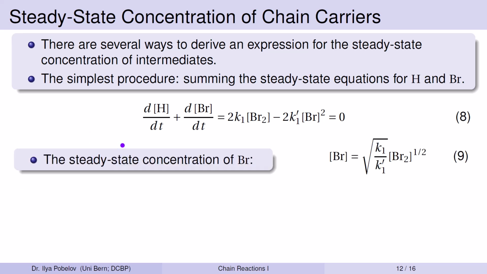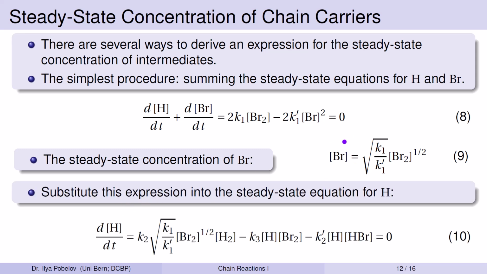From this, we solve for the steady-state concentration of bromine radicals, which is equal to the square root of K1 divided by K1 prime times the square root of the concentration of bromine molecules.